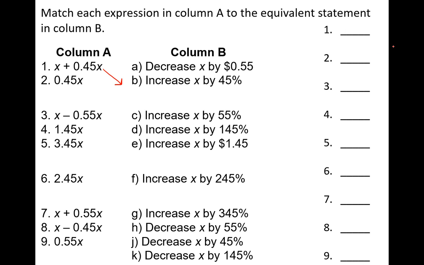So 1 is going to be B. 0.55x is like decreasing x by 45%. Do we have a decrease x by, that would be like x minus 0.55x, if you think about it. So that one, I'm getting H.